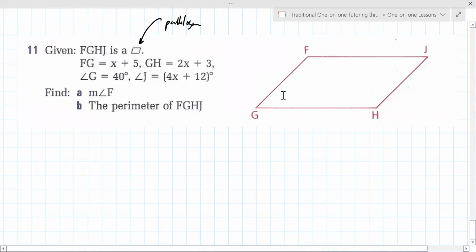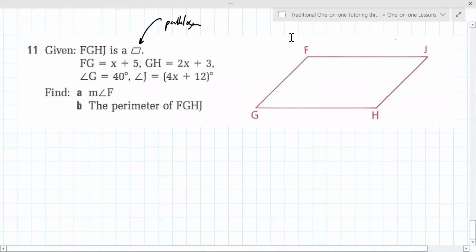I'd like you to try solving this problem for angle F. However you want to do that doesn't matter to me. I would use the same side interior for that.